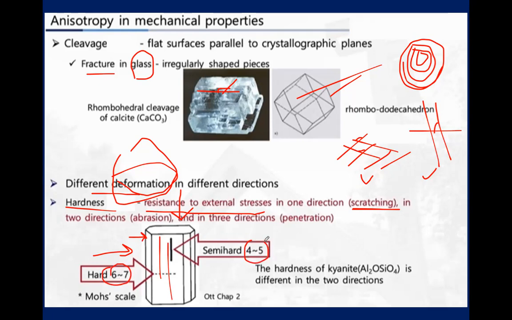Usually it's very little change, like 4 in one direction and 4.5 in the other. So this is the hardness of the mineral kyanite. Kyanite is a bladed type of crystal, because you see the elongated direction of the crystal in one direction. Therefore, hardness considerably varies in kyanite.